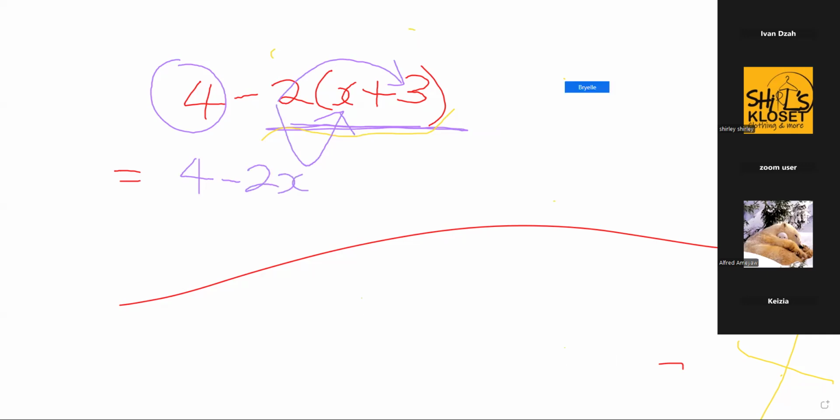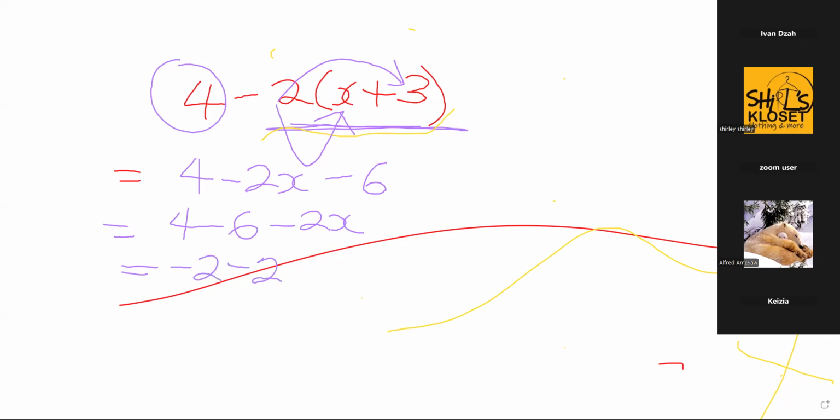Minus 2 times 3. Minus 6. So now you group like terms, so 4 minus 6, minus 2x. So what's 4 minus 6? Negative 2. So the answer is negative 2 minus 2x. Is that okay?